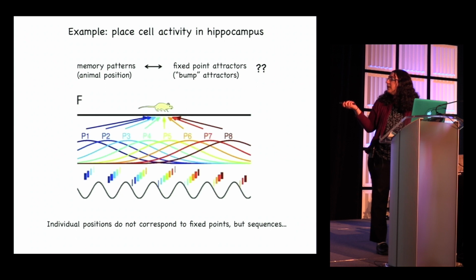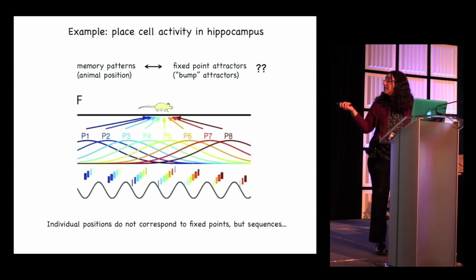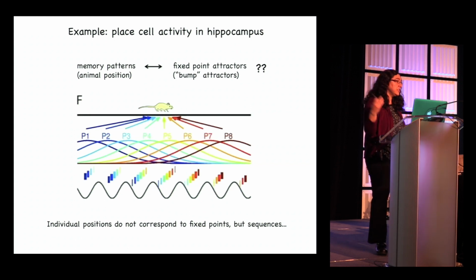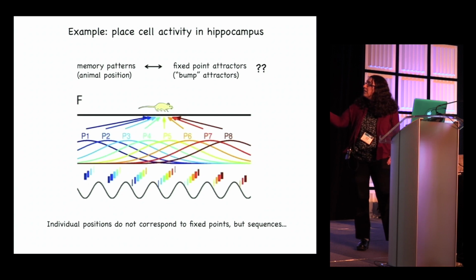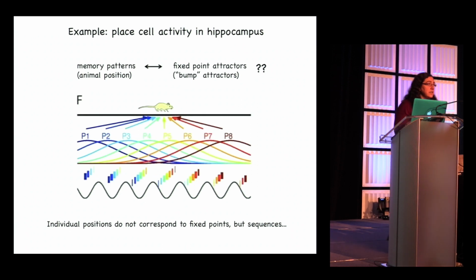But if you zoom in, for instance, on the typical setup, this is a cartoon from a Buzsaki Lab review paper, of a rat running along a linear track, and you're recording from hippocampal place cells, and these are the place fields, and down here is the ongoing theta oscillation. With the bump attractor models, you might expect at any location there's some kind of bump of activity, a fixed point that is encoding the animal's position in space. That's how the network is keeping track of the position.